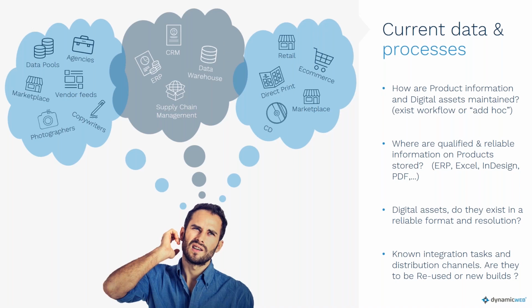Now, there could be many things to be aware of, but one of them is, of course, where do we get our information from? There will typically be an integration to the ERP solution because the ERP solution is typically the main product lifecycle management. That means it starts in the ERP solution and it dies in the ERP solution.